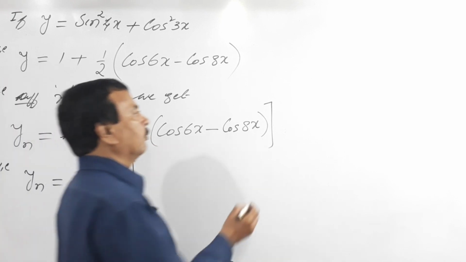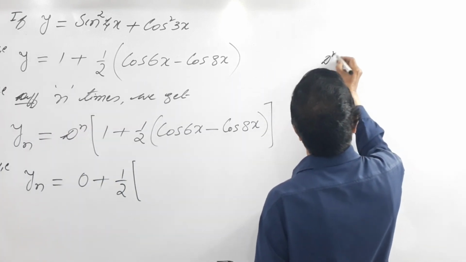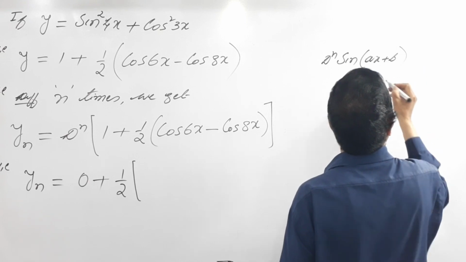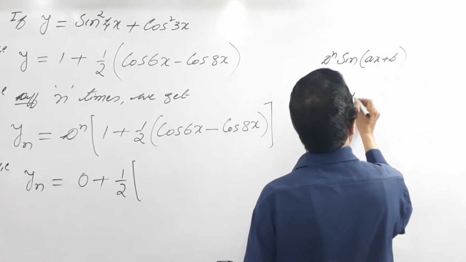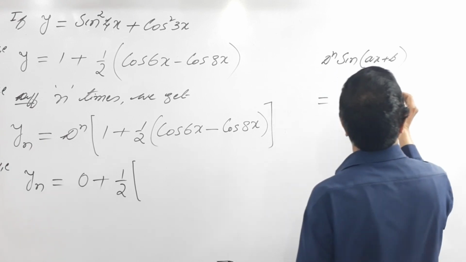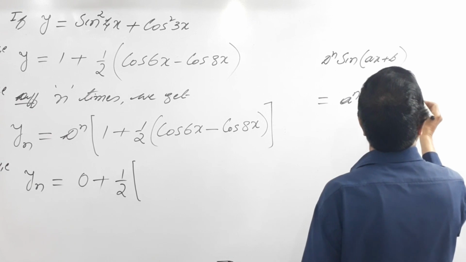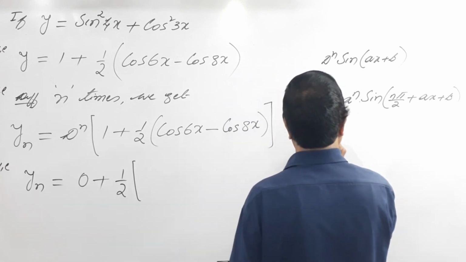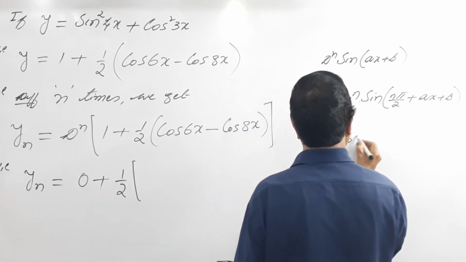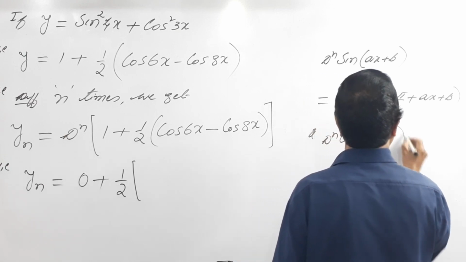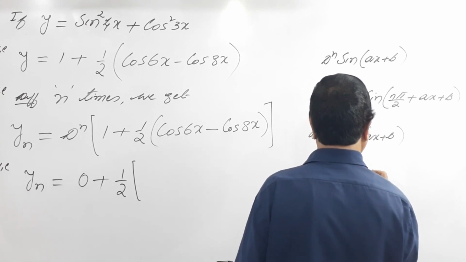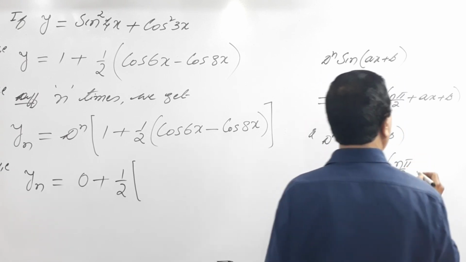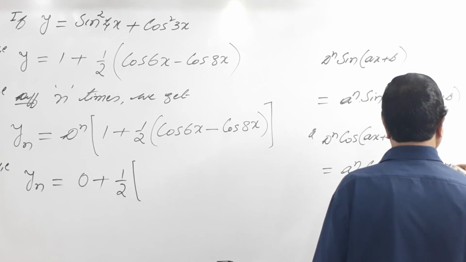This will be dn of sine of ax plus b, which is a to the power of n sine of n pi by 2 plus ax plus b, and dn of cos ax plus b equals a to the power of n cos of n pi by 2 plus ax plus b.